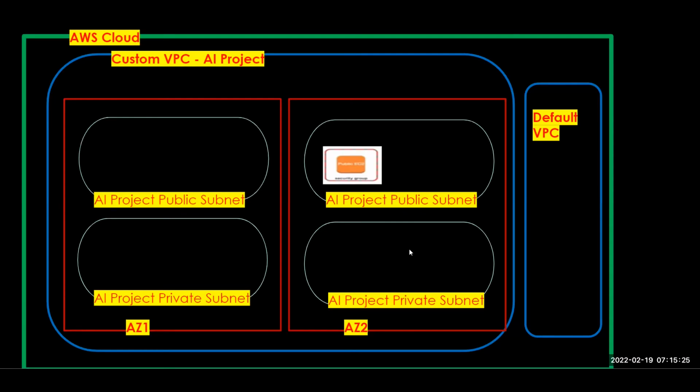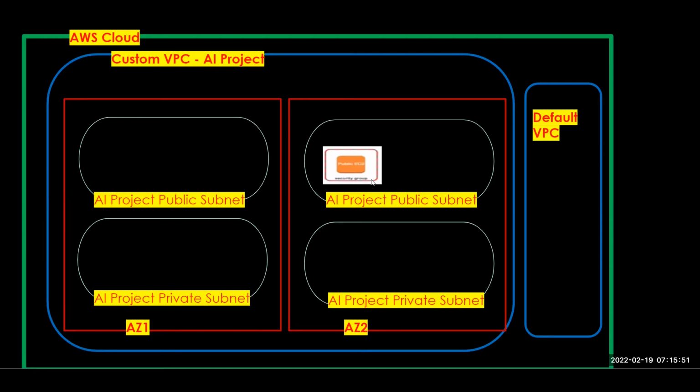Private subnet means there will be no public IP. In the public subnet, there will be a public IP for the resource, but in the private subnet only a private IP will be there. That IP works only within the AWS boundary, so outside people will not be able to access it.